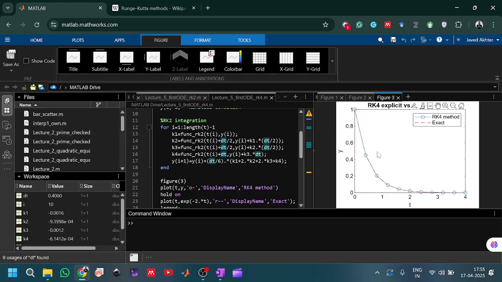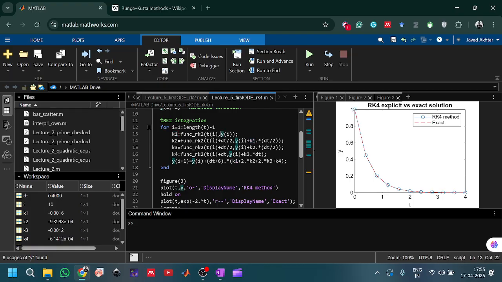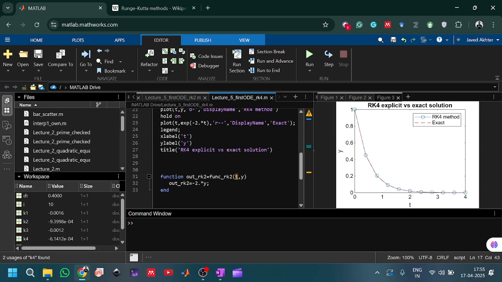That is why it is computationally expensive, because you have to evaluate these functions k1, k2, k3, k4, then you are using this. So it will be more computationally heavy and time heavy, but it will give you a good enough result for your case. So now let us look at the order of error.